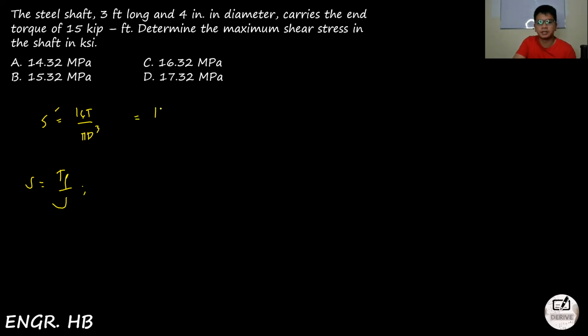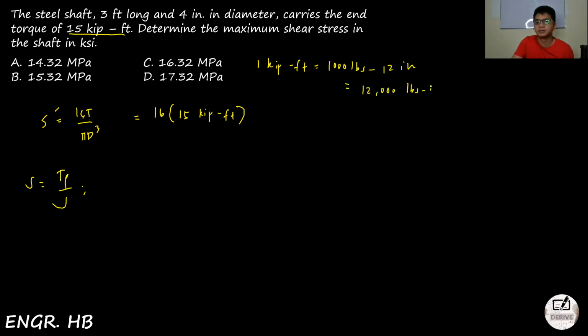So 16 times torque. So meron ba tayong torque? Of course, it is the 15 feet. Pwede na natin siyang i-convert si feet para maging foot pounds or inches pounds. So 1 kip is 1,000 pounds multiplied by 1 feet times 12 inches. So it will become 12,000 pounds inch.